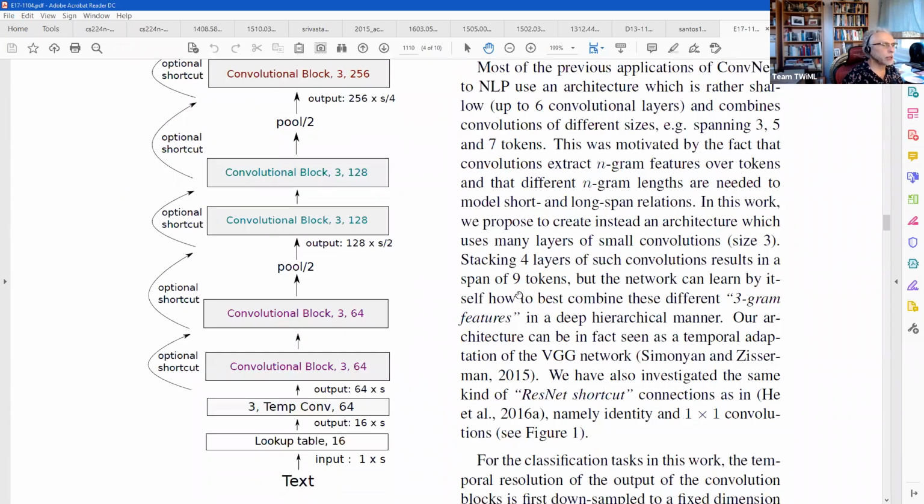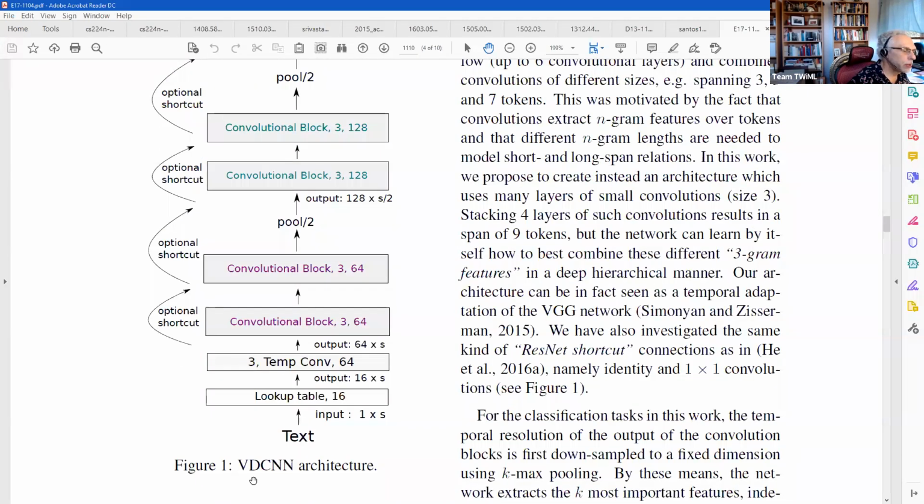Okay, so just having a look at this architecture, very deep convolutional neural network. Okay, lookup table, convolutional layer, convolutional block, which this would be the length of the filter. So it's a length 3 filter, and there's 64 filters. Optional shortcut. Remember the highway network where you can add some function of the original input back to the output of each block.